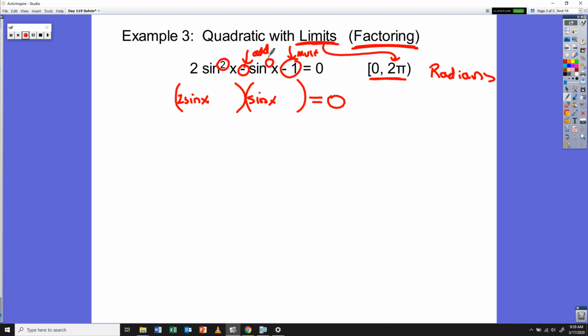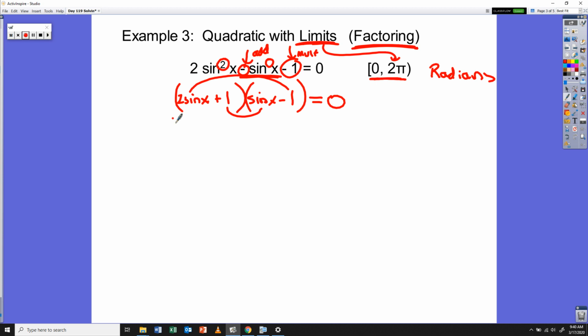So the two numbers that multiply together to make -1 are -1 and +1. And I just have to think about where I need them in this formula to make this work. The -1 has to be behind the regular sine, and the +1 has to be behind the 2 sine of x. That way, when I do my FOIL process, this would give me -2 sine of x, and this would give me +1 sine of x, which would give me the correct middle term that I'm looking for here. So this is the proper way to factor it.